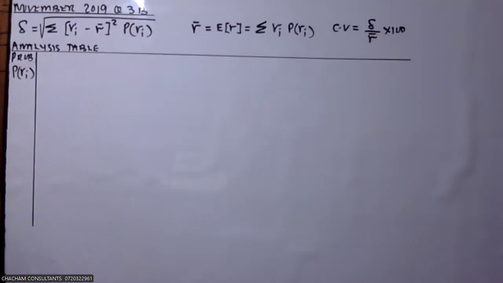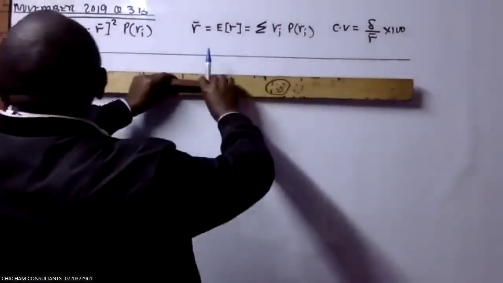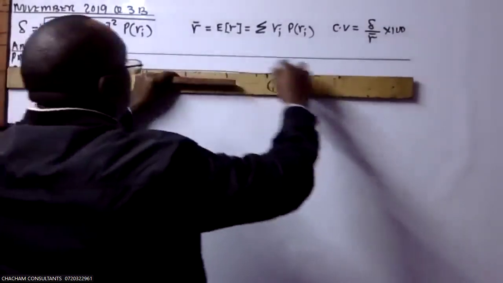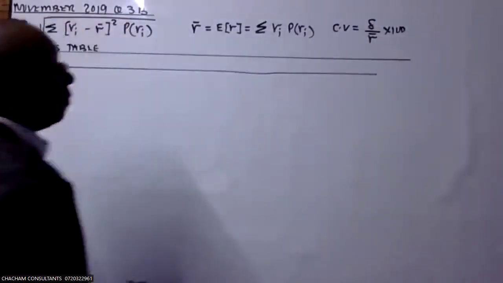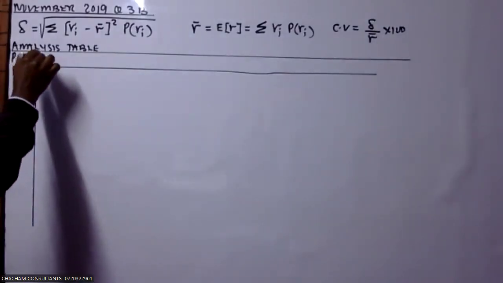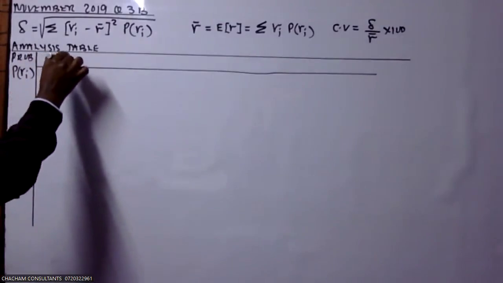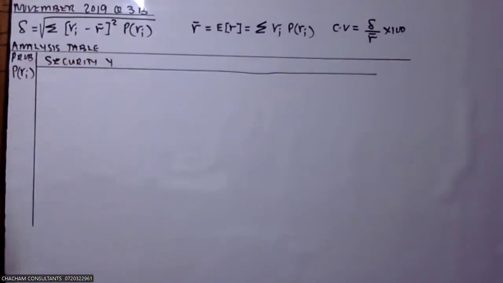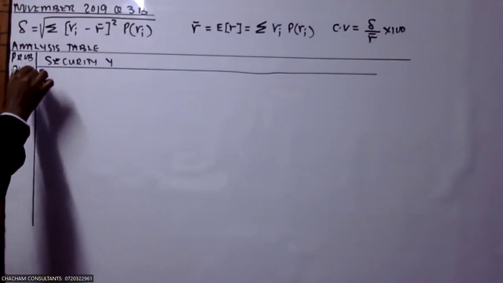Then from there, we have security Y. In security Y, we have the return.